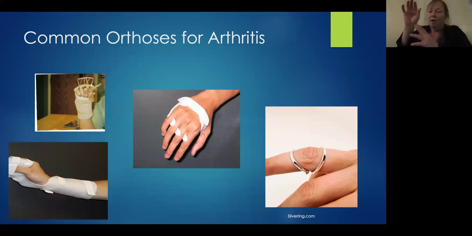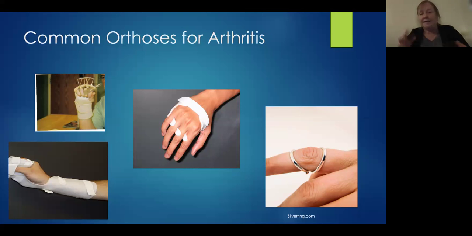If they have osteoarthritis and they're having severe pain in their thumb, usually it's the CMC joint, I'm going to make a hand-based thumb splint. Now, some of your doctors will order a forearm-based thumb splint. So you have to see what the doctor likes. Each doctor is very specific about what they like, but they looked at both, and the hand-based thumb splints are just as effective as a forearm-based thumb splint.